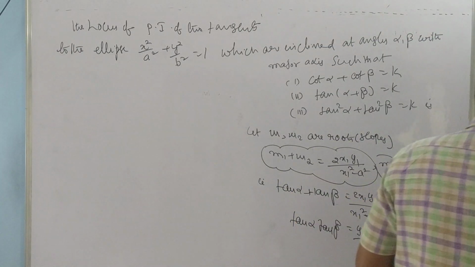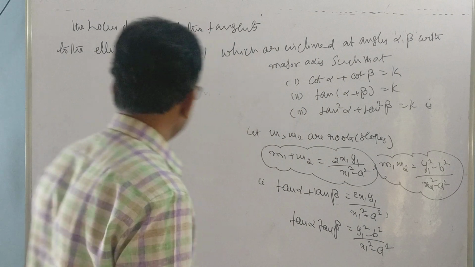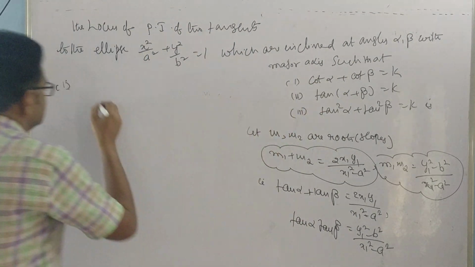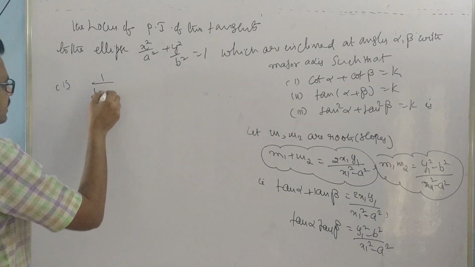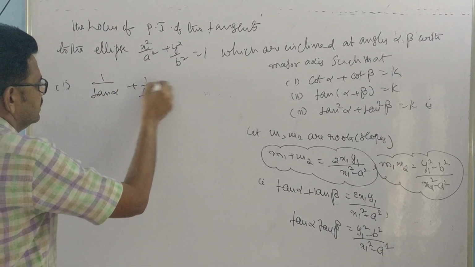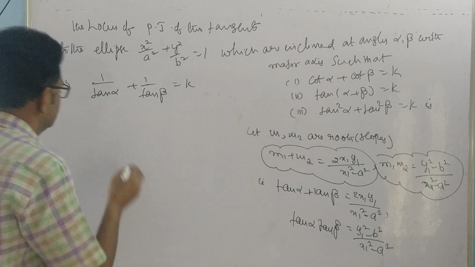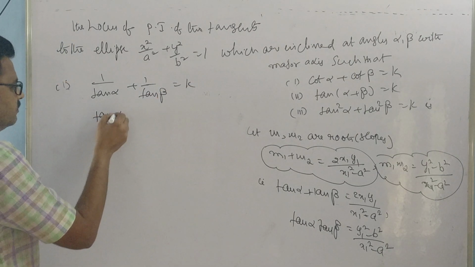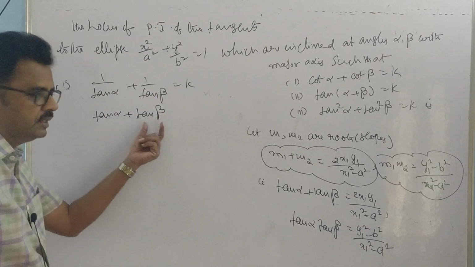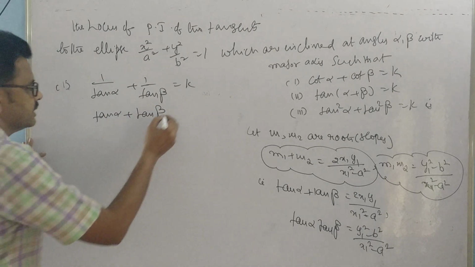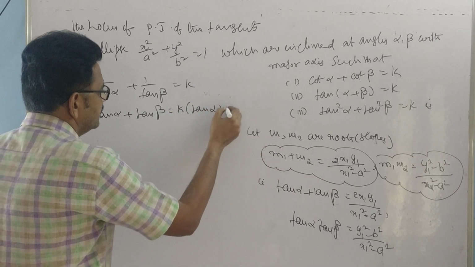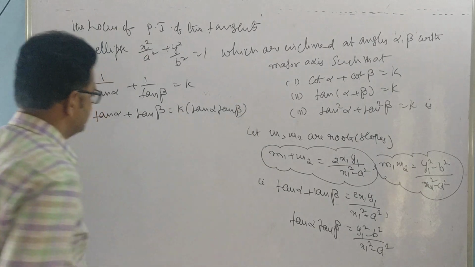Now the first one. Cot alpha means 1 by tan alpha plus 1 by tan beta is equal to k. That is tan alpha plus tan beta by tan alpha tan beta. By cross multiplication, equal to k into tan alpha tan beta.